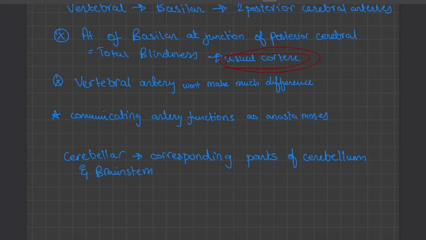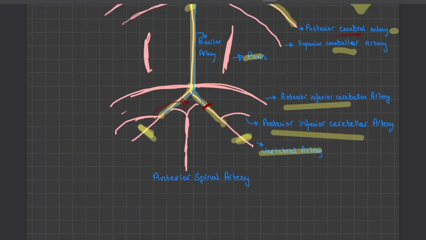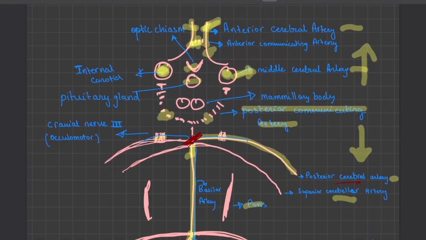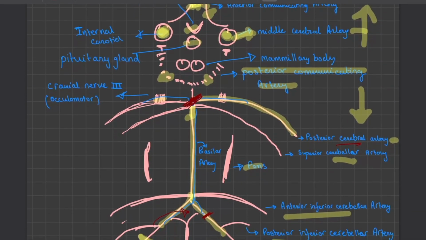And the communicating arteries function as an anastomosis to ensure that the blood is flowing and it's not occluded anywhere. And this is how we keep the brain safe. And the cerebellar arteries supply the corresponding parts of the cerebellum and some parts of the brainstem as well. So this is the entirety of the Circle of Willis, and I hope you like this video. Thank you.